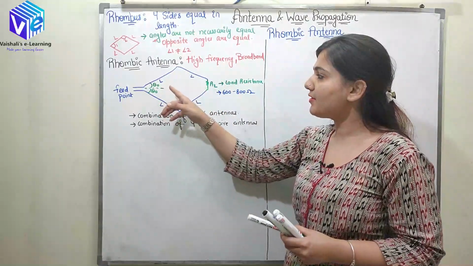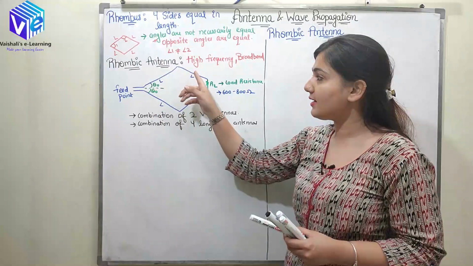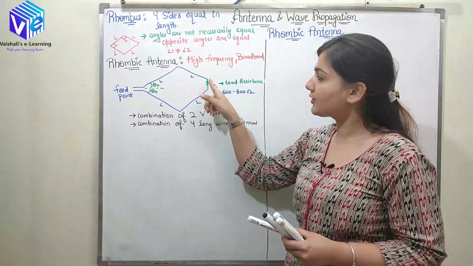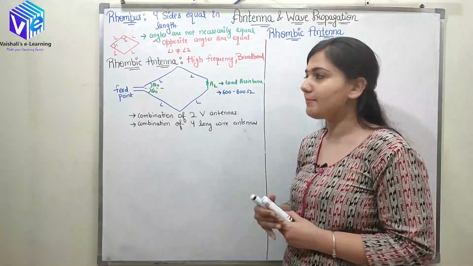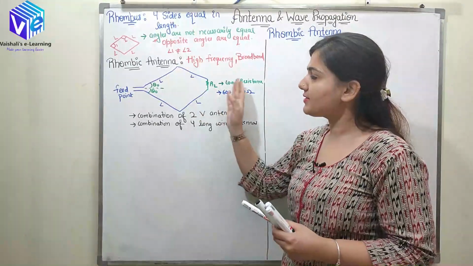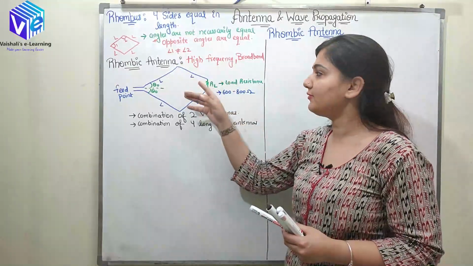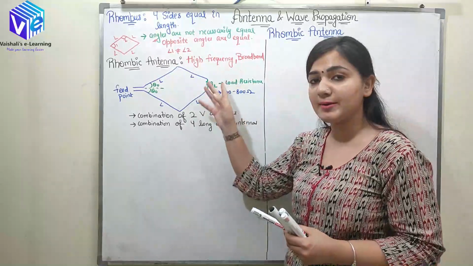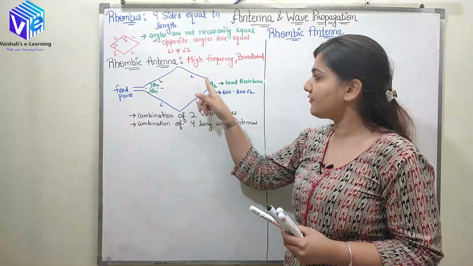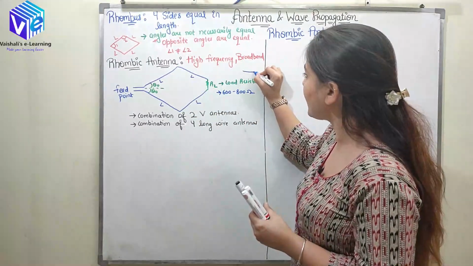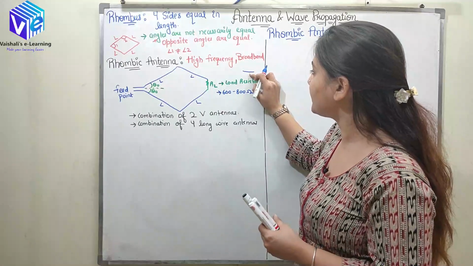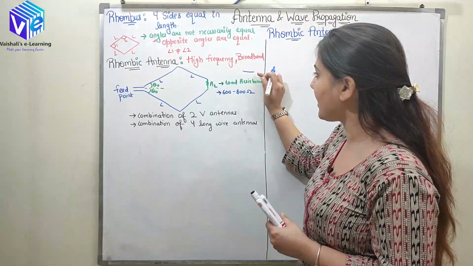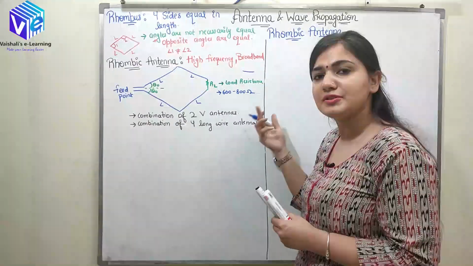I hope you remember, whenever I have a long wire antenna which is not connected by load resistance, what happens? The current comes and it is reflected back. Why? Because there is an abrupt end. So here it's a conducting wire, after that the air, which is an insulator.